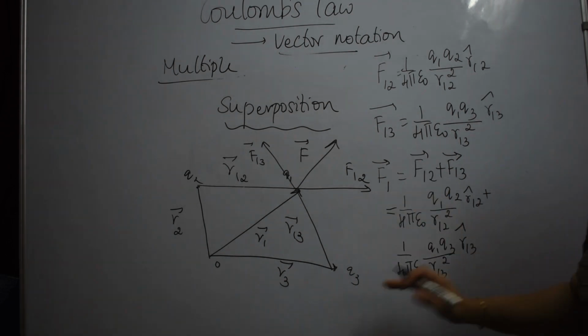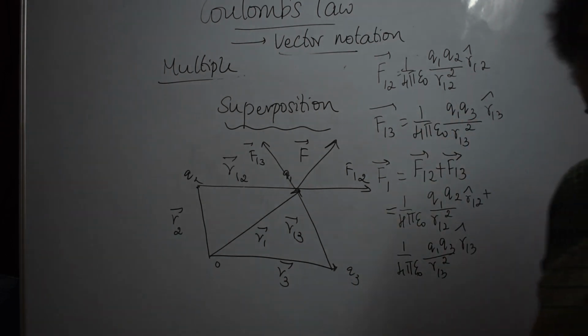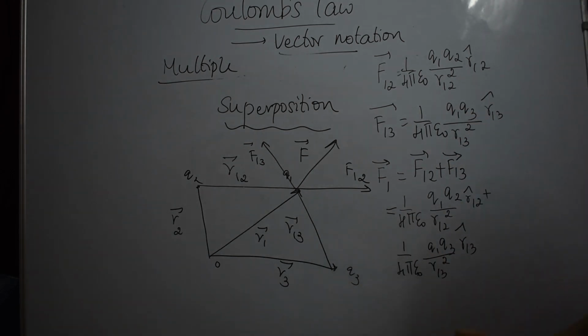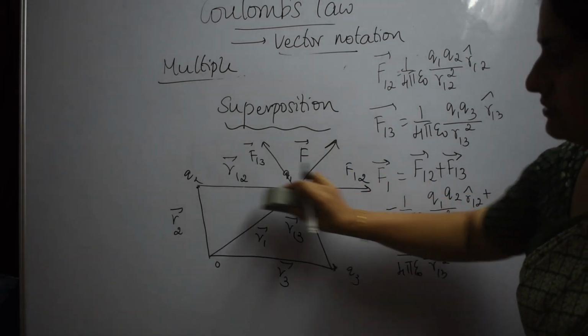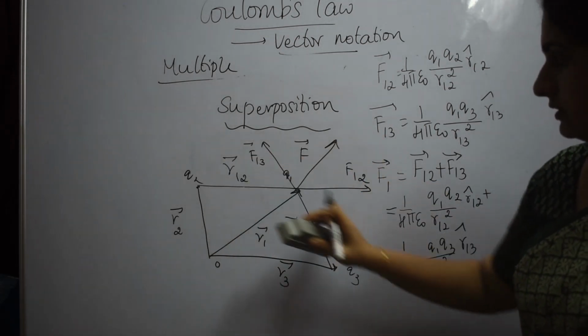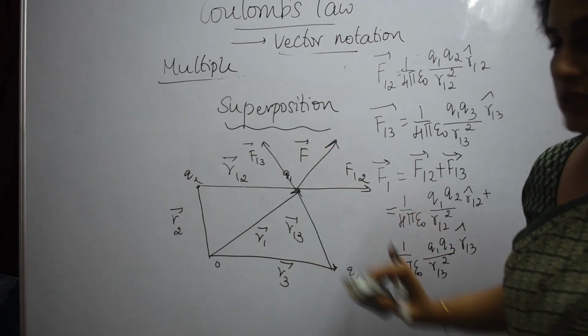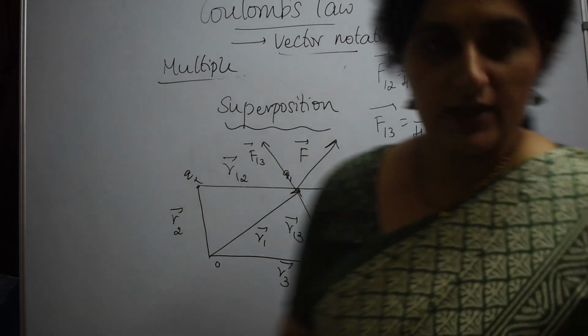Now you have to add these two. I can take 1 by 4 pi epsilon naught and Q1 as common. So just keep in mind the diagram. You have these charges where the forces are acting.